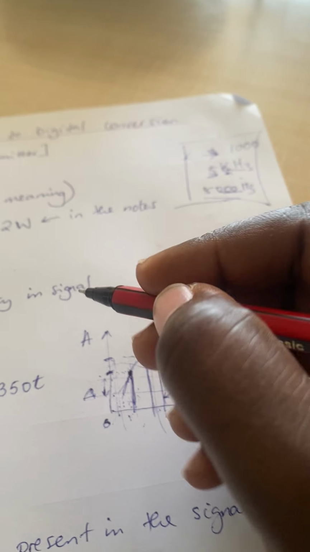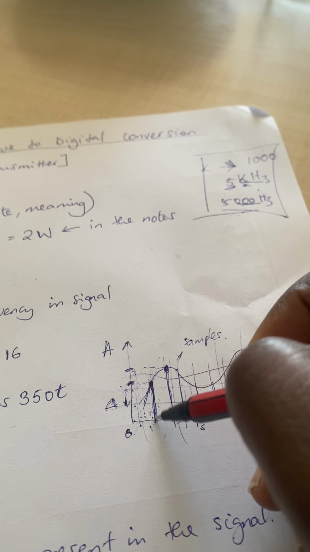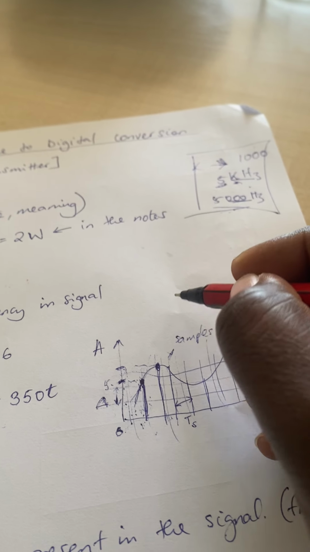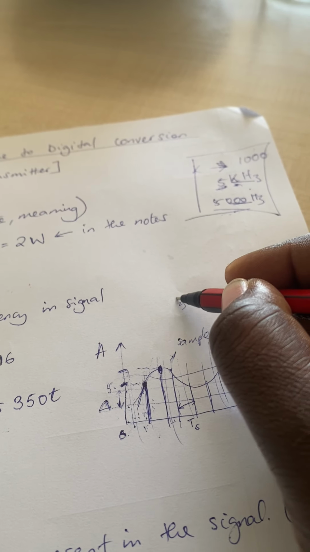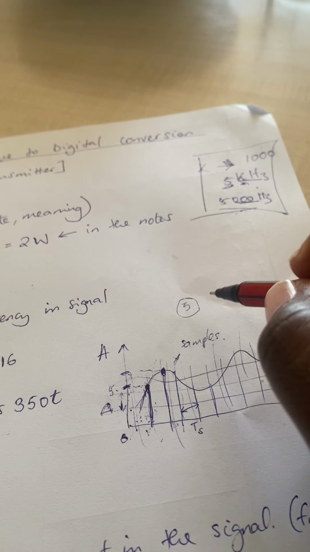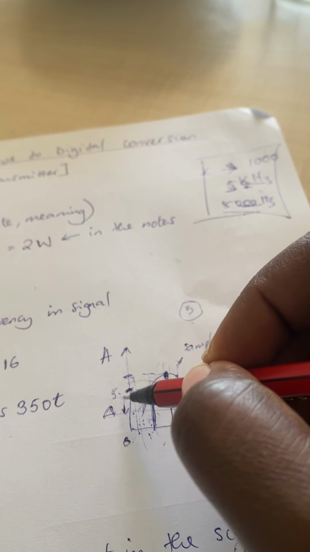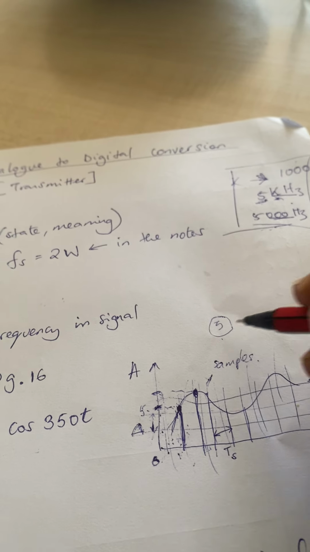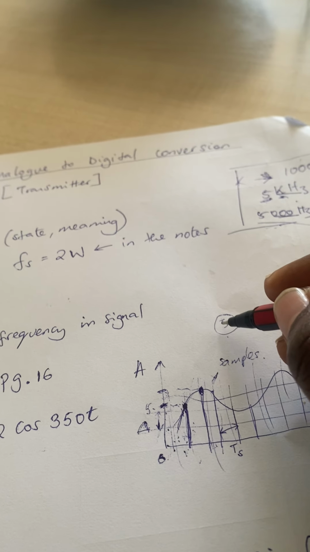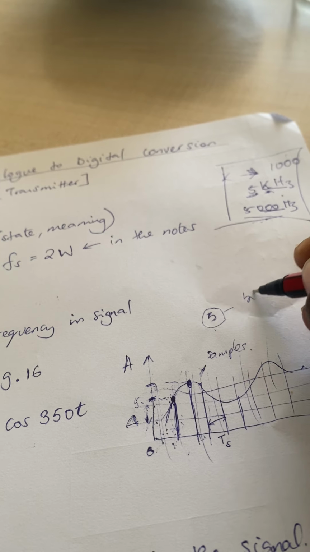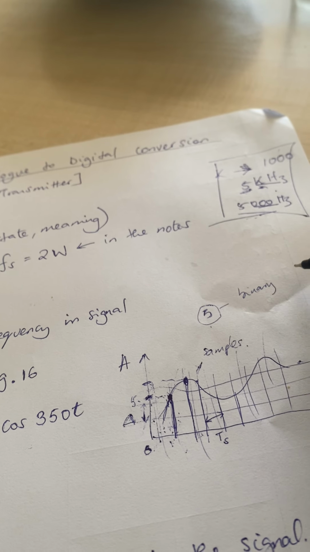Okay, so if, for example, this first sample was a 5, under quantization we're going to have integer values here. But when we go to the next step, which is encoding, this 5 will need to be represented in form of binary digits.